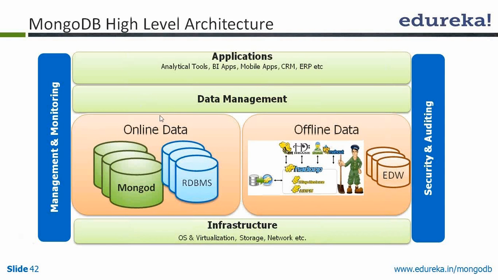We can use MongoDB in place of online data also in some use cases. If you look here at offline data, to process your offline or batch process data, you can use Hadoop or a data warehouse system. This slide I will refer to in module 7 while learning about the integration of MongoDB and Hadoop. So just keep this slide in mind, guys.